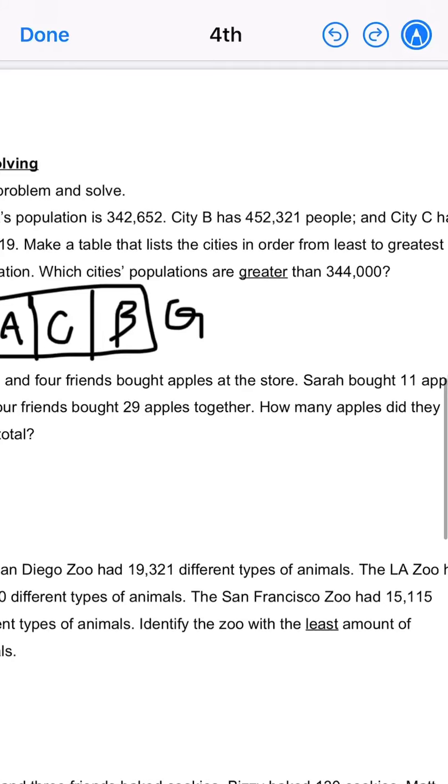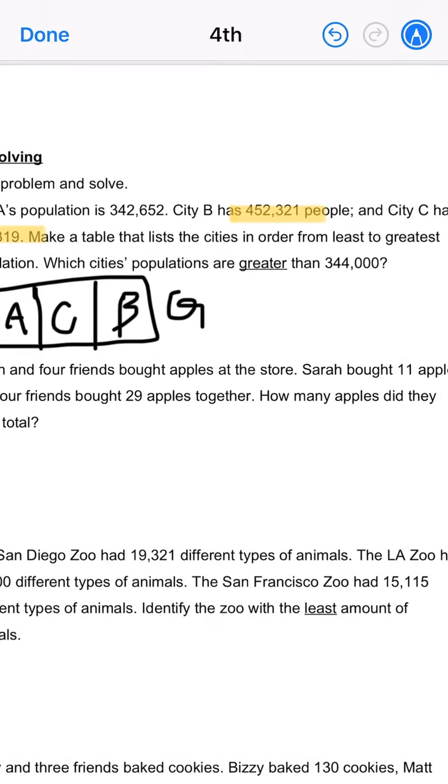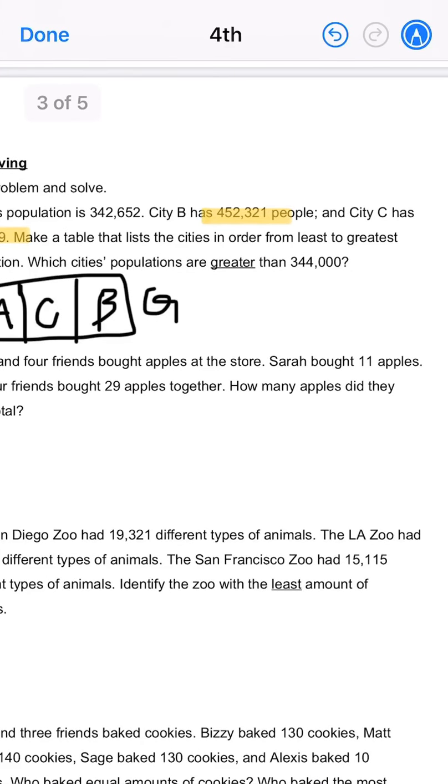That's smaller than 344,000. So that was wrong. City B is greater and City C. So we're going to write City B and C.